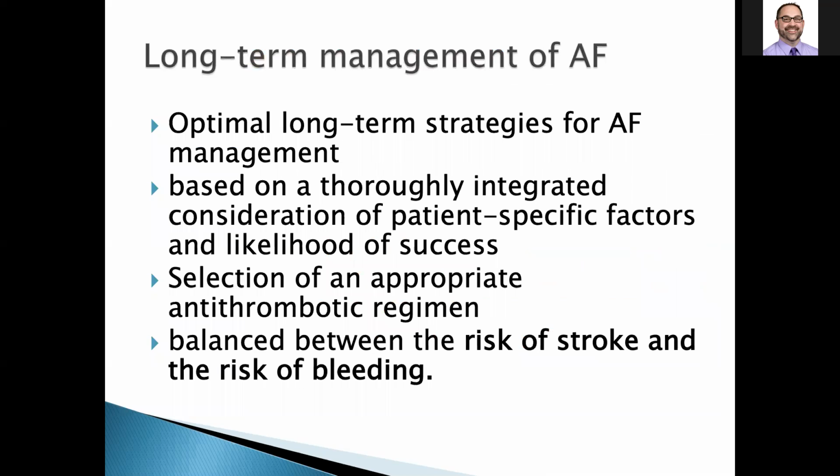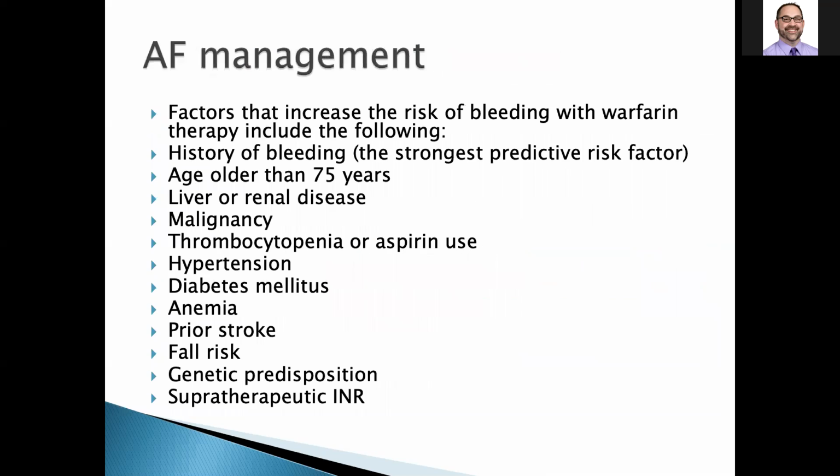So for long-term management of atrial fibrillation, again, you're going to look at your patient. What are the risks and benefits of rate control versus chemical cardioversion, and the risk of bleeding. So when we look at risk of bleeding, we look at age. Do they have any underlying liver disease, malignancy?